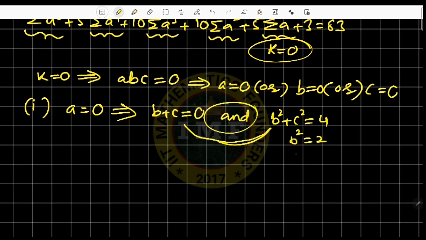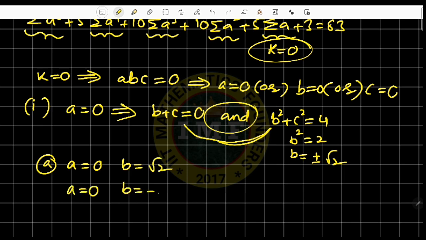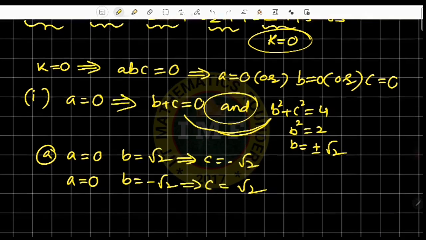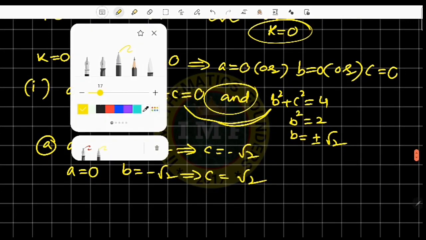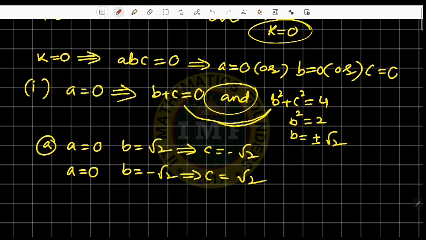I am taking only b square equals 2, therefore b equals plus or minus root 2. Now here we have two cases: a equal to 0 and b equals root 2, and a equal to 0 and b equals minus root 2. In both cases find the c value. From this we can obtain the values of a, b, x, y, z.